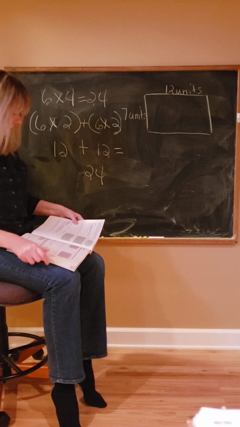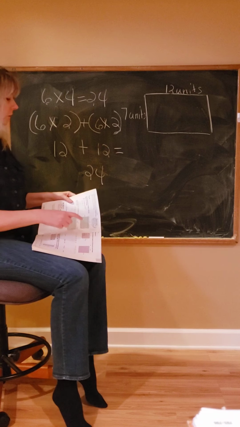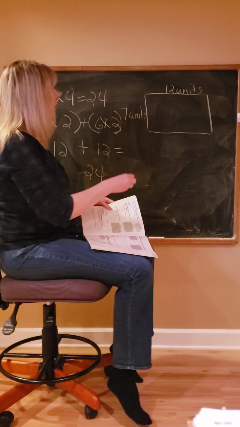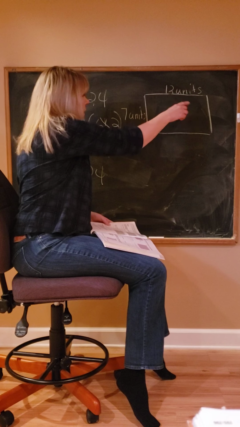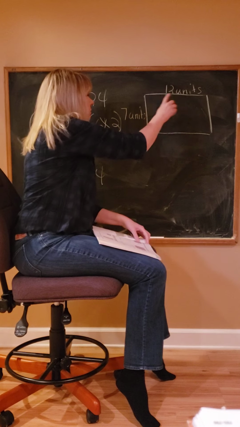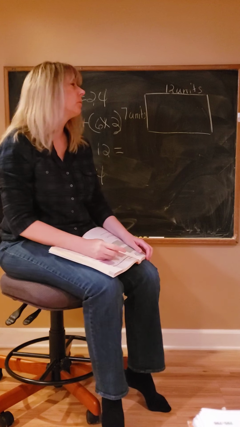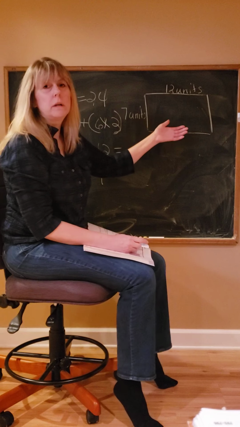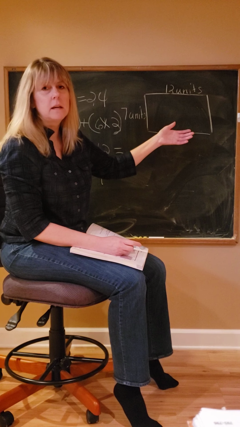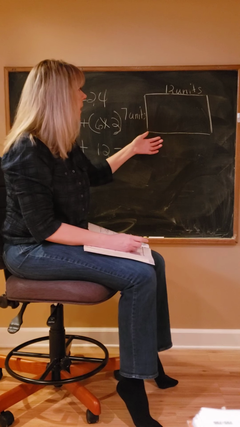So, here on page 792, you have a large rectangle that says 12 units by 7 units. Our length is 12, our width is 7. I didn't draw in the unit squares, but I'm just going to find the area of a rectangle by using the distributive property.